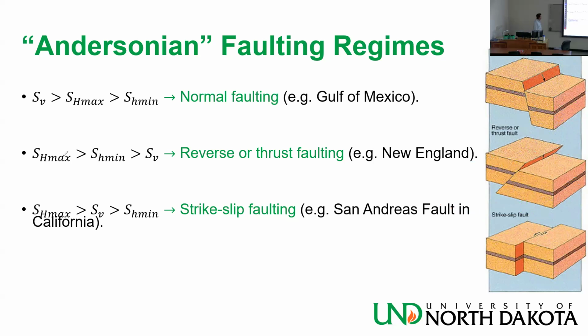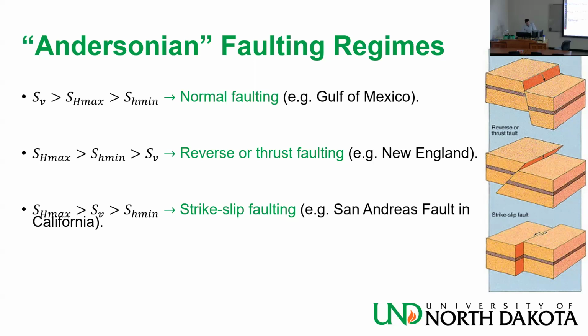You have SH max being the stronger, SV the intermediate, and SH min the least. And so the motion is completely horizontal. There is no vertical component in this motion, okay? So it doesn't matter what you call the foot wall and the hanging wall, both of them are the same.